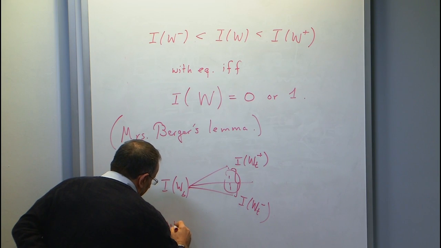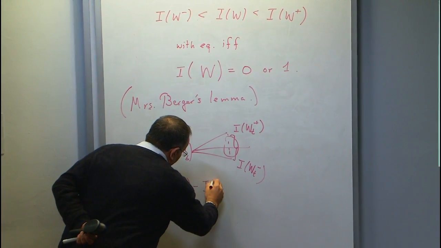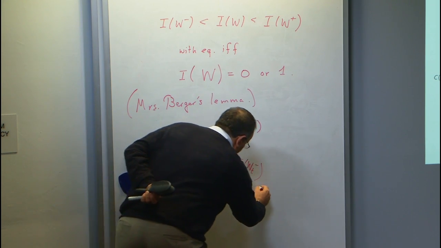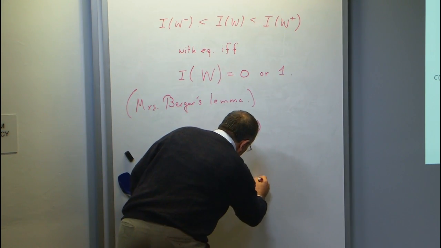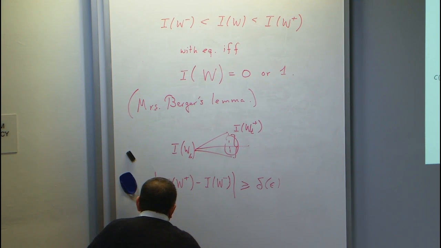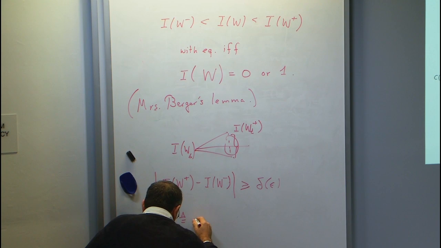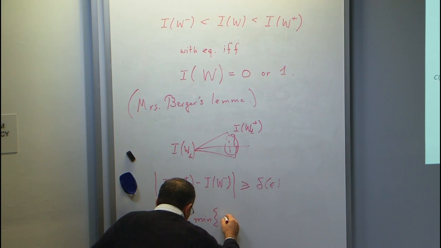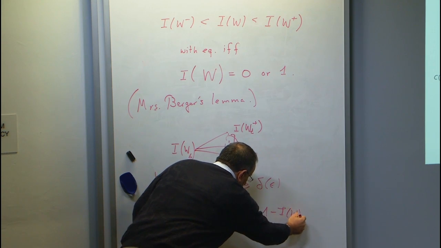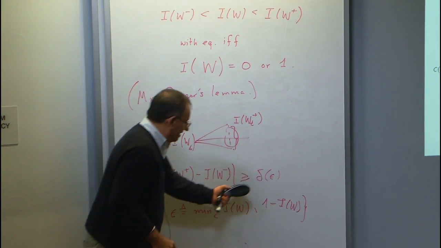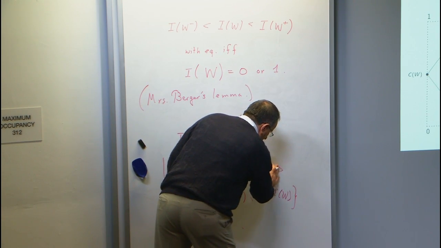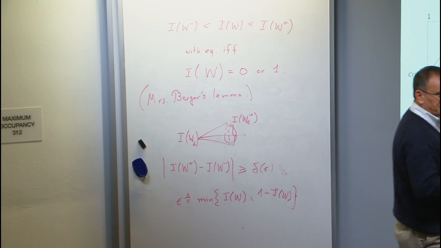It is a result like this: the absolute value of I(W+) minus I(W-) is greater than or equal to delta of epsilon, where epsilon is defined as the minimum of I(W) and 1 minus I(W), and where this delta is a function which is strictly positive if epsilon is positive. You see what I mean? There is a result like this.